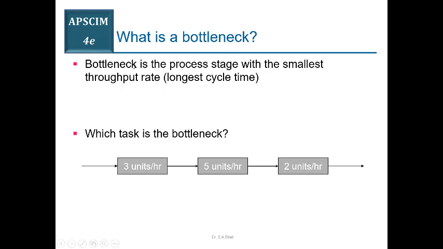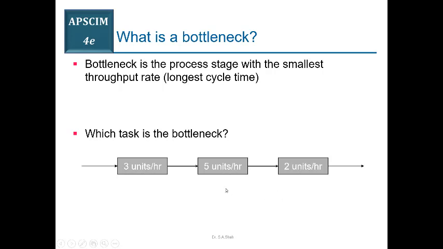And the bottleneck, as discussed earlier, is the process stage with the smallest throughput rate. Smallest throughput rate means the longest cycle time, the maximum cycle time. So, which task is the bottleneck in this one? 3 units per hour, 5 units per hour, and 2 units per hour.